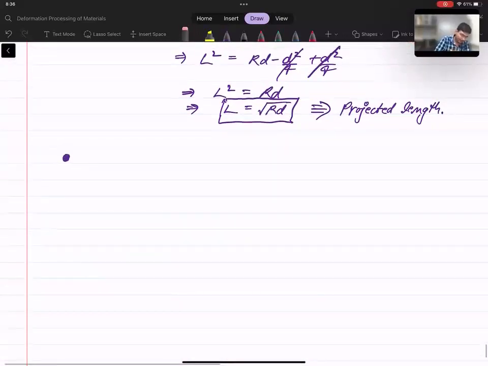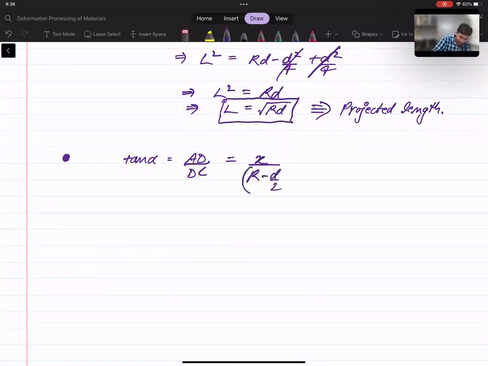So tan alpha is AD over DC, which is nothing but x over R minus D by 2. This is given as under root of RD minus D square by 4 divided by R minus D by 2.